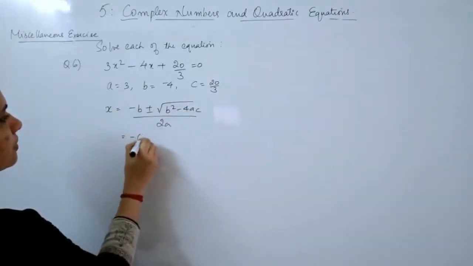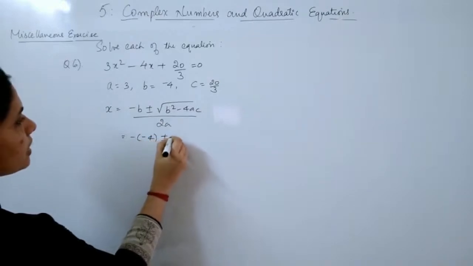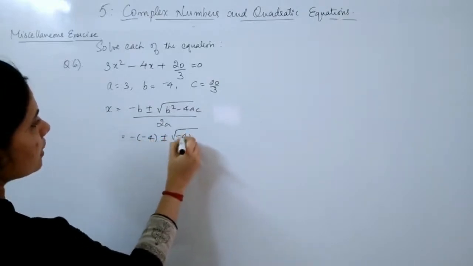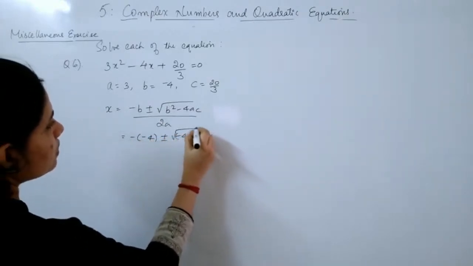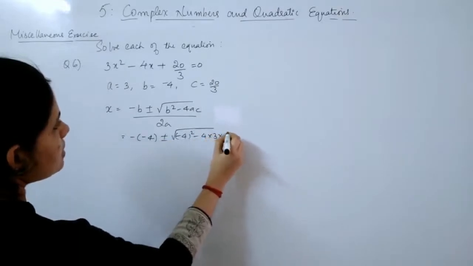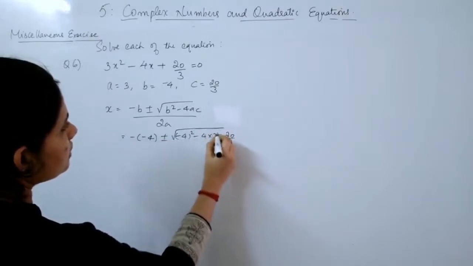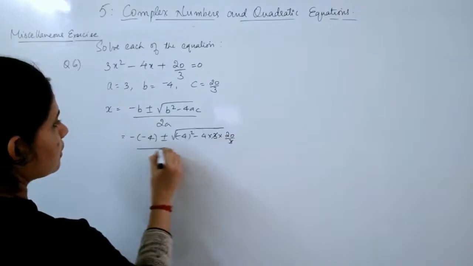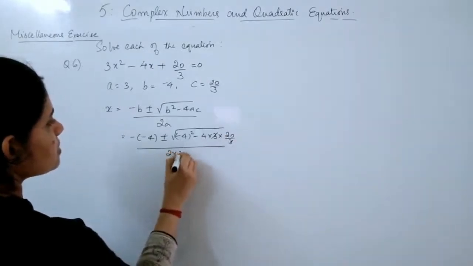Replacing the values, you will get minus of minus 4 plus or minus root of b square minus 4, a is 3, c is 20 by 3, so that these 3 get cancelled, divided by 2a, which is 6.